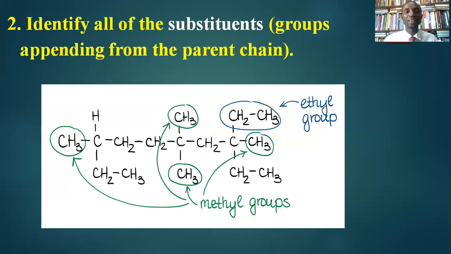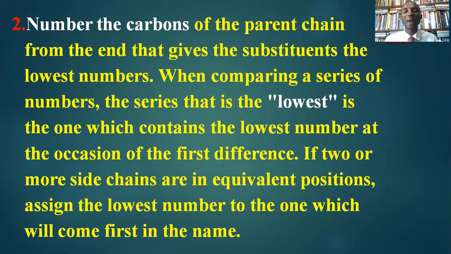Then number 3 is for you now. You have to number the carbons. Number that longest chain from the end that gives the substituents the lowest number. Where one should start is where those substituents will have the lowest number possible.